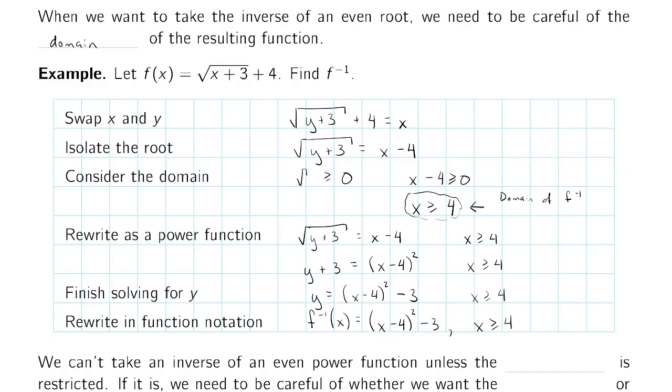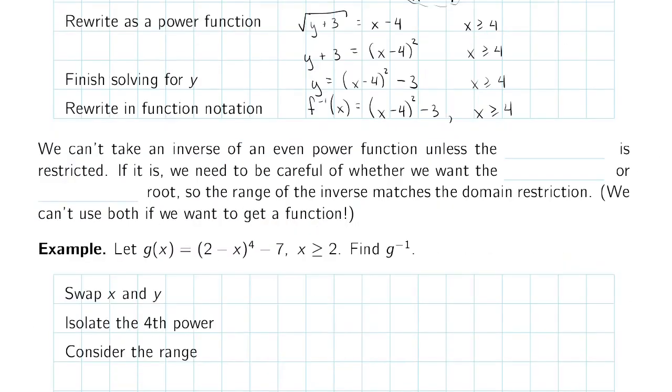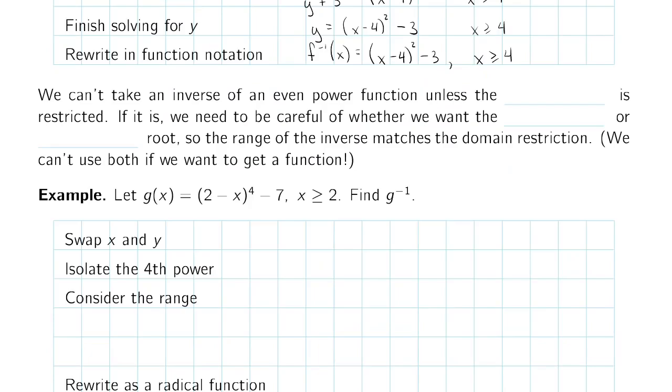Now, the even power functions are not one-to-one. So we can't take the inverse unless the domain is restricted to make it one-to-one. If we do have a domain restriction, we need to be careful of whether we want the positive or the negative root, so that the range of the inverse matches the domain restriction.